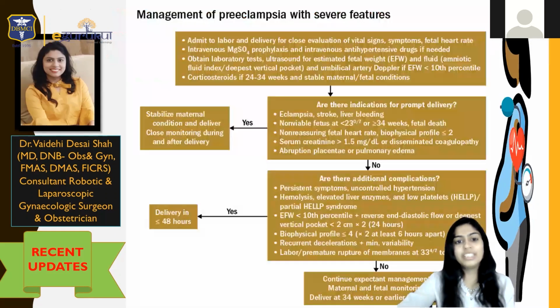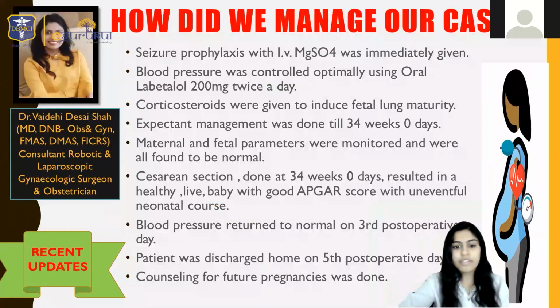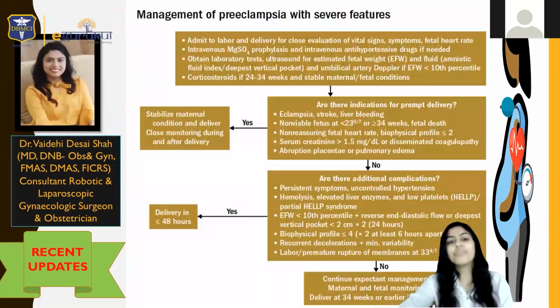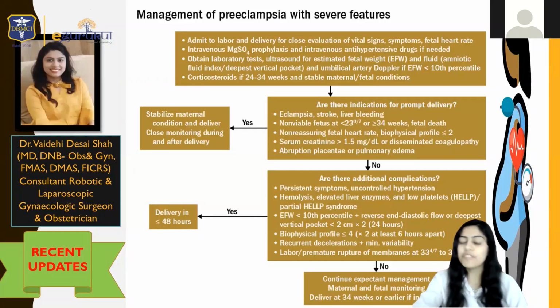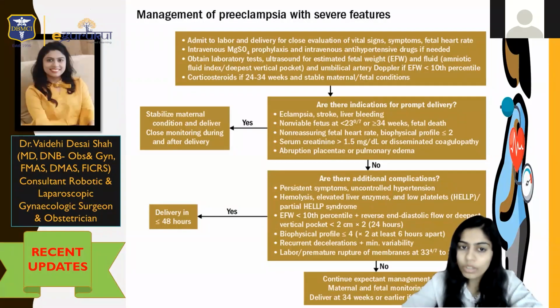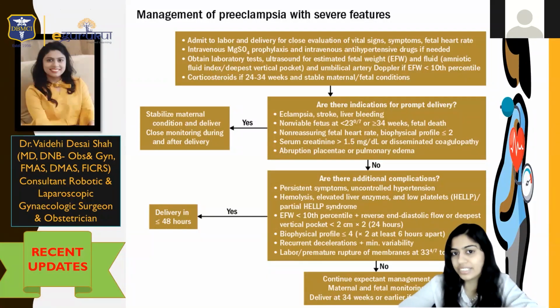Before that, we will discuss the management of preeclampsia with severe features. So first of all, admit this patient to the labor and delivery room for close observation of vital signs, symptoms, and fetal heartbeat. Second, give her a dose of intravenous magnesium sulfate prophylaxis. This is seizure prophylaxis, right?